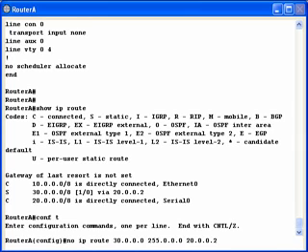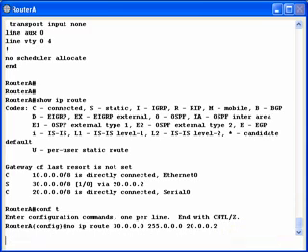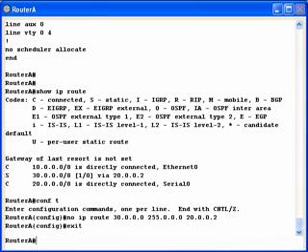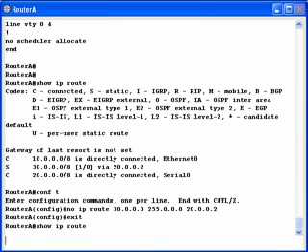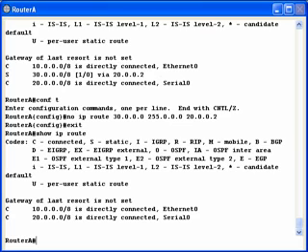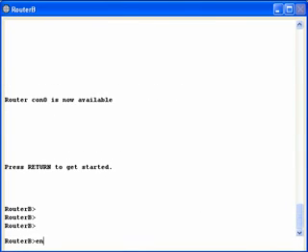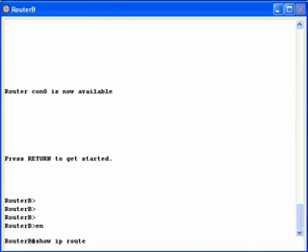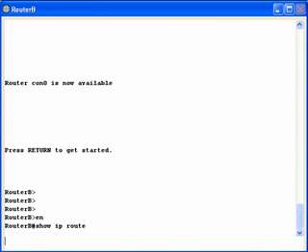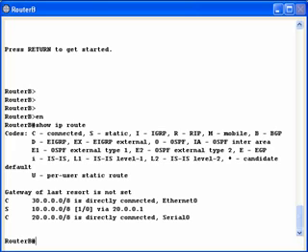Let's remove the static route by using the no IP route command. Let's check the routing table again. There is no S, which indicates there is no static route. Let's remove the static route on router B now. Show IP route.